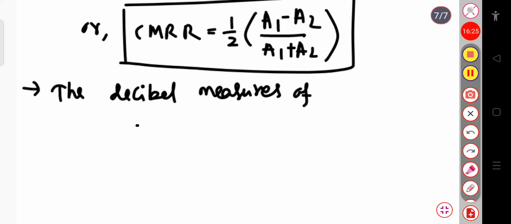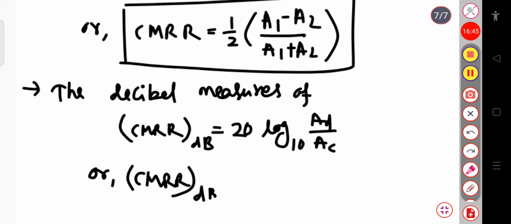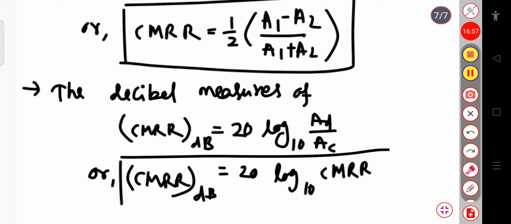CMRR in decibels, dB, equals 20 log base 10 of AD by AC. This can also be written as CMRR in dB equal to 20 log base 10 of CMRR, because AD by AC is simply your CMRR. So in terms of decibels also we can represent it like this.